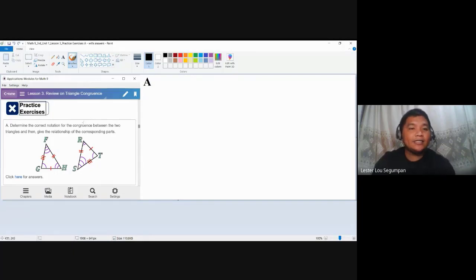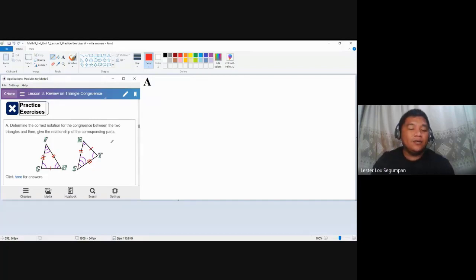So in this practice exercise, again, this may be short. We are going to determine first the correct notation for congruence, and after which we need to give the relationship between corresponding parts.